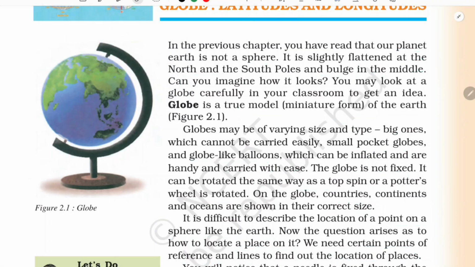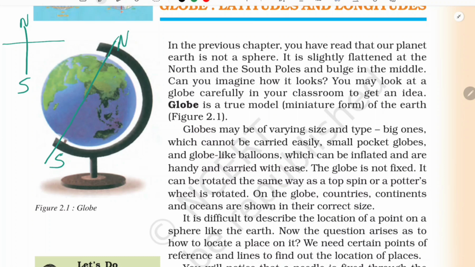This point will be the northern point and this will be the southern. When you see the direction, upward is always the northern direction, and downward is always the southern direction. So this has been referred to as the north pole, and this, the downward direction, as the south pole.